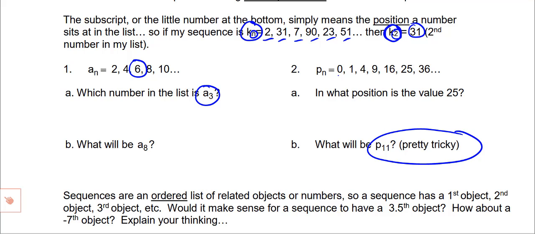Well, let's see. 1, 2, 3, 4, 5, 6, 7. Who's the next one going to be? 49. The next one? 64. 81. 100. 121. Oh, so the 11th one is 11 times 11, right?